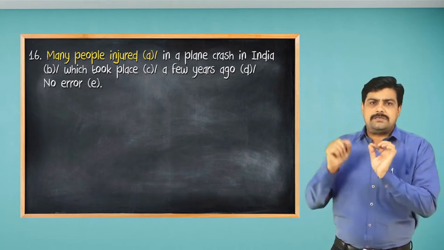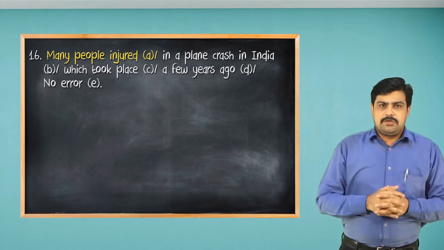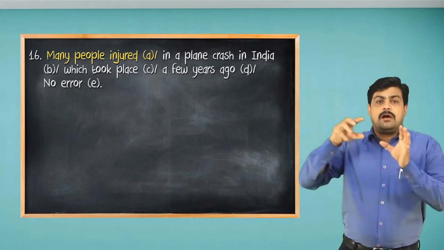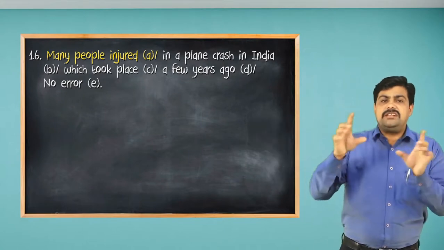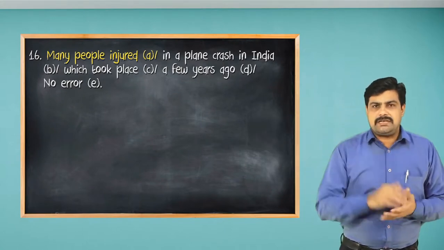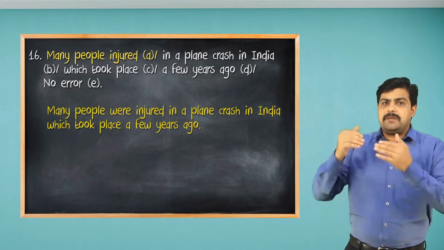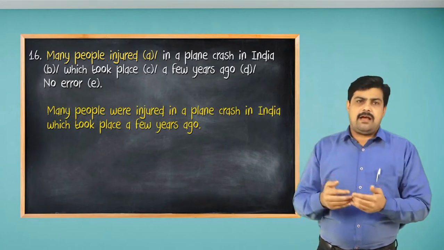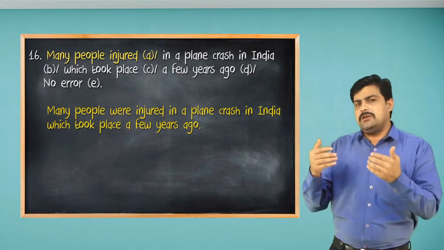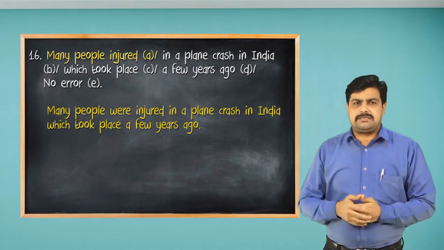Here it is the object in the beginning, so use the helping verb were, W-E-R-E, just before the verb injured. Now see the correct sentence. Many people were injured in a plane crash in India, which took place a few years ago. It is the correct sentence.